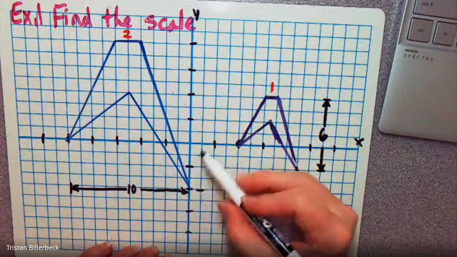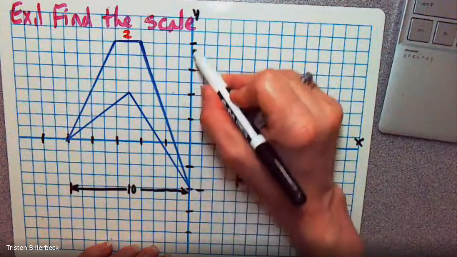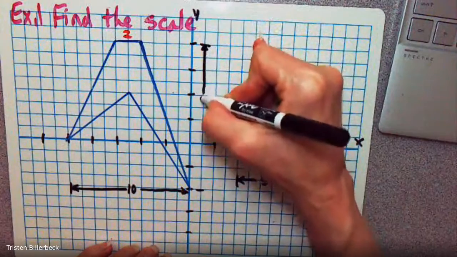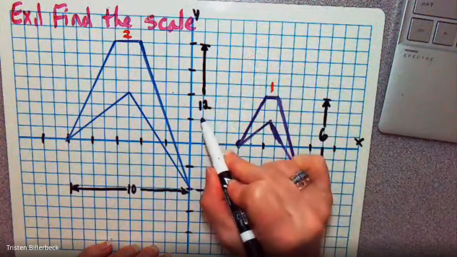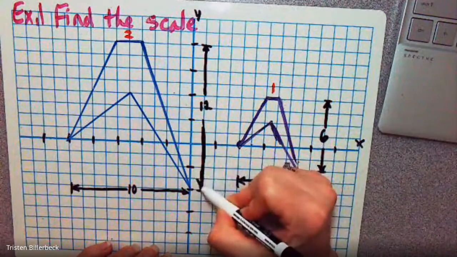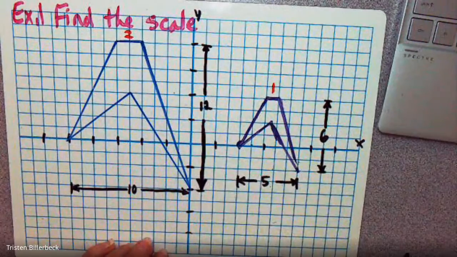So we have 2, 4, 6, 8, 10, 12. So I do have 12 going on here. So you don't always have to find every single side. You could do it the smart way.